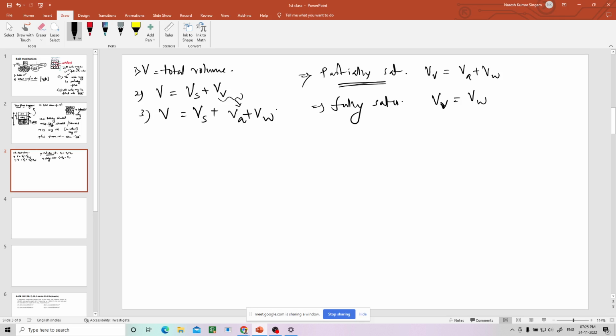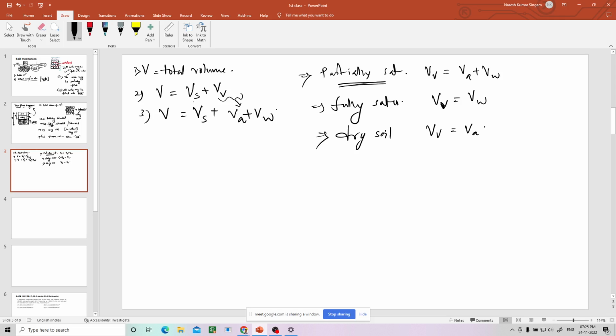Then dry soil: volume of voids will be volume of air, and there will not be any water. So this is how you should remember.